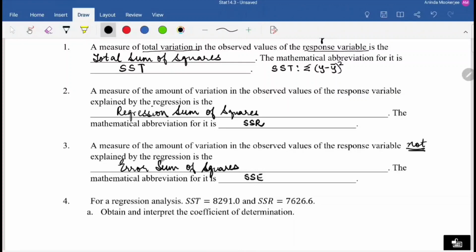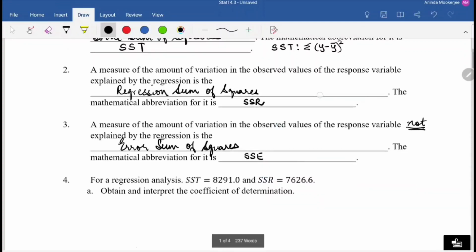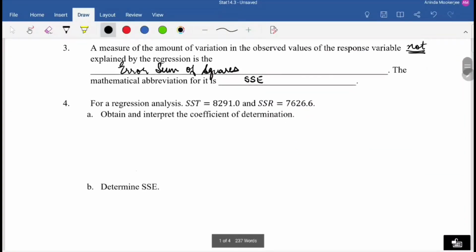Okay, so this was just checking our knowledge of the three quantities that we use to find the coefficient of determination: SST, SSR, and SSE. Question number 4 says, for a regression analysis, SST is given as 8291.0 and SSR equals 7626.6.